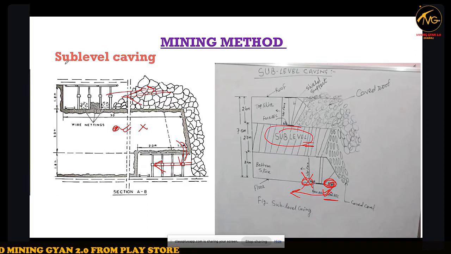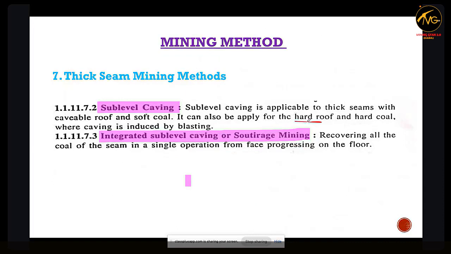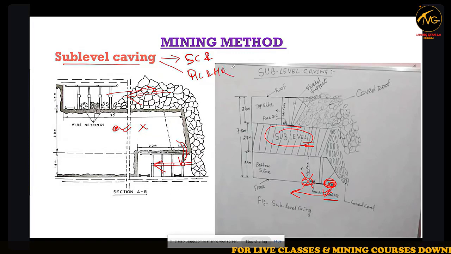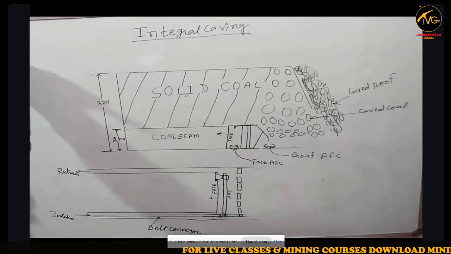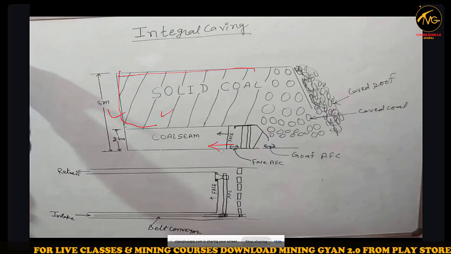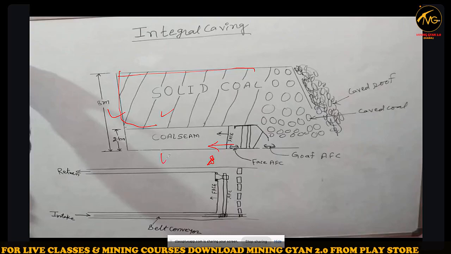So where do we use sublevel caving? Where the coal is soft coal and the roof is cavable, not hard. Soft coal with a cavable roof, and hard roof with hard coal are different cases. Okay, then integrated caving: we will divide into two slices. The first slice we leave, and in the bottom slice we use the sublevel long wall retreating method.